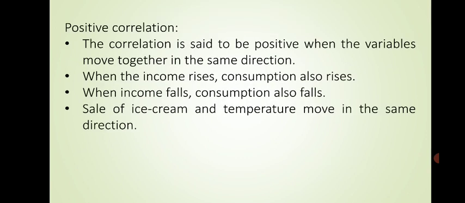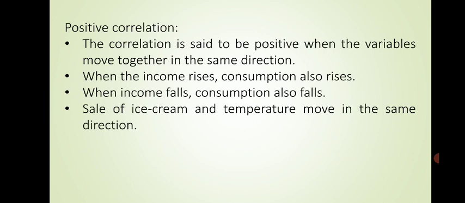Positive correlation: the correlation is said to be positive when variables move together in the same direction. Suppose when income rises, consumption also rises. When income falls, consumption also falls. When productivity is high, demand is also high.